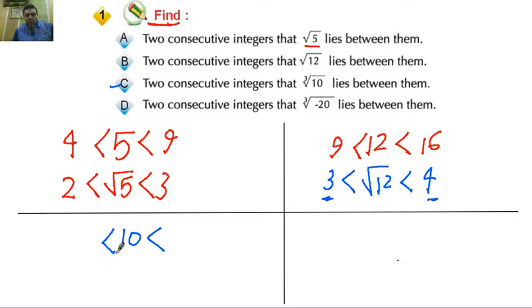The perfect cube directly less than 10 is 8, and the perfect cube directly greater than 10 is 27. By taking cube roots, cube root of 8 equals 2, cube root of 10 stays as it is, and cube root of 27 equals 3. So cube root of 10 is between 2 and 3.